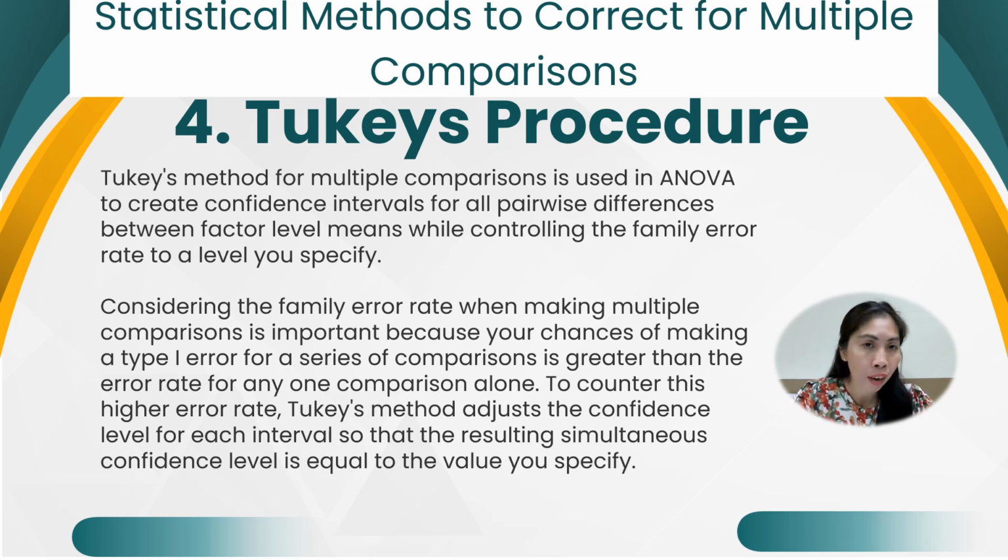Considering the family error rate when making multiple comparisons is important because your chances of making a type 1 error for a series of comparisons is greater than the error rate for any one comparison alone. To counter this higher rate, Tukey's method adjusts the confidence level for each interval so that the resulting simultaneous confidence level is equal to your specified level.